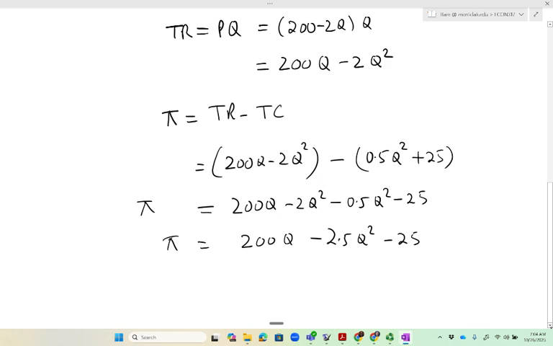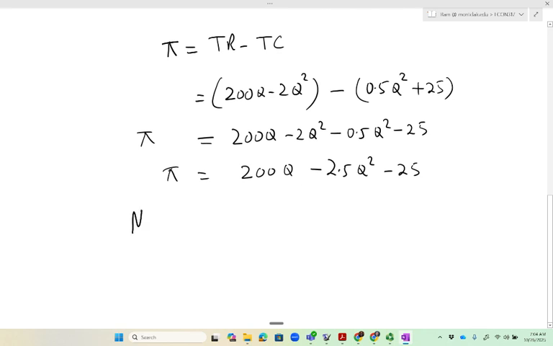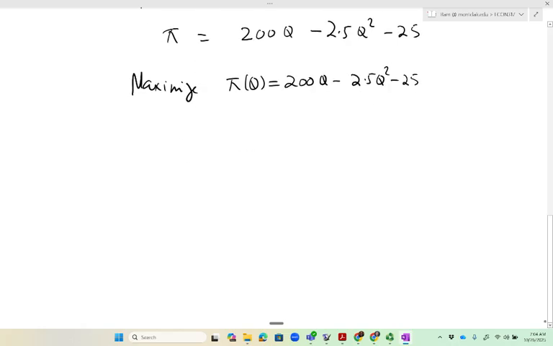So let me write it formally. Maximize profit, which is a function of Q, 200Q minus 2.5Q square minus 25, and I want to choose quantity non-negative.